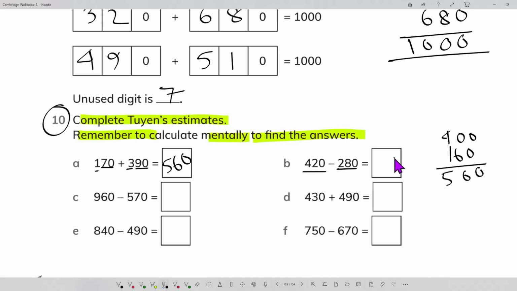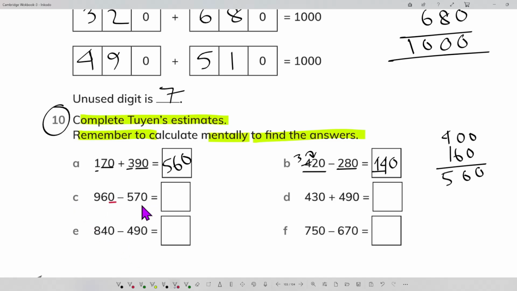0 minus 0, it's a 0, and if we take 110, it will be what? 12. 12 minus 8 is a 4, and this one becomes 3. So 3 minus 2 is a 1.